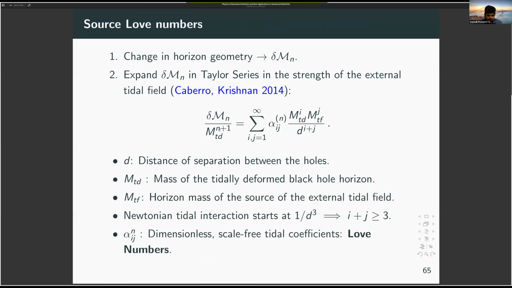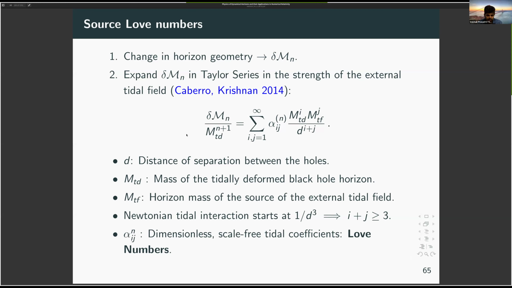And these deformations, we showed, can be expanded in a simple expansion, much like a Taylor expansion, involving the parameters of the binary black hole system. Here, M_TD and M_TF are the masses of the individual black holes in the inspiral phase, the tidally deformed one and the one that is sourcing the tidal field. So this expansion can be carried out for each of the two black holes.